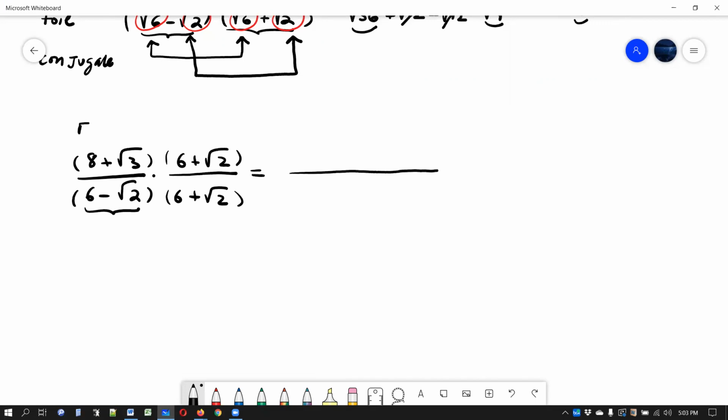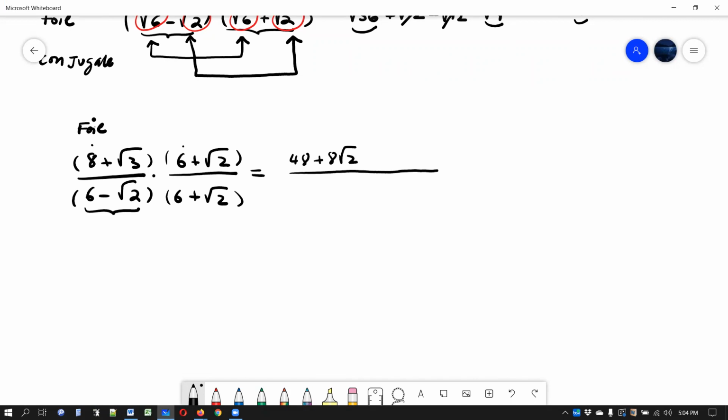And now I am going to FOIL the numerator and I'm going to FOIL the denominator. Okay. So this is using the properties that we saw in the previous video, multiplication of multiple radicals. So 6 times 8, 48. 8 times radical 2, 8 radical 2.